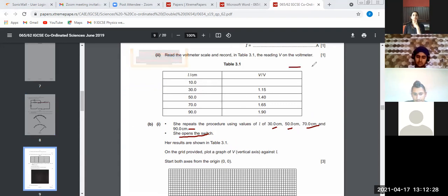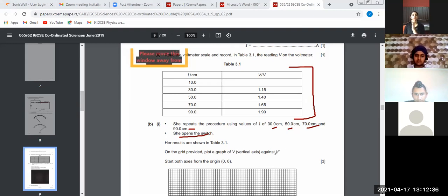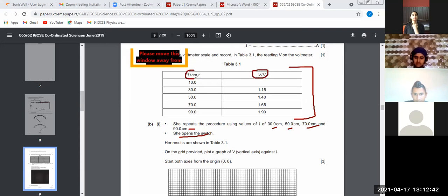So we have the table where we have all the results written. On the grid provided, plot the graph V against L. That is the voltage against the length. Fine. And start both the axes from origin.